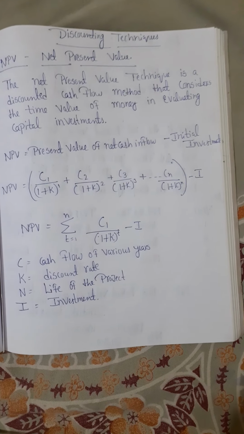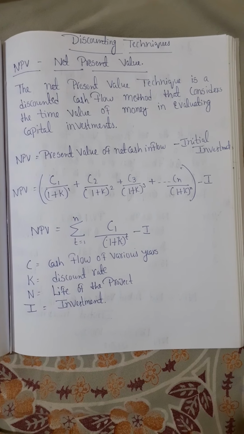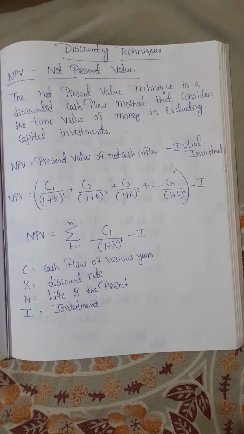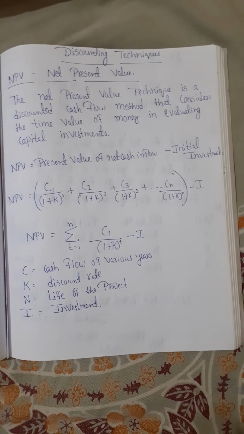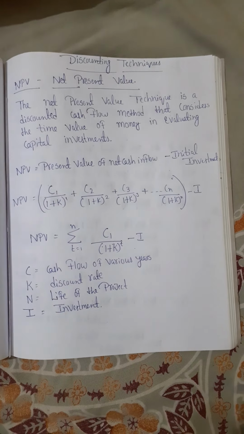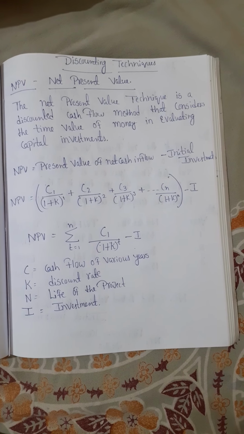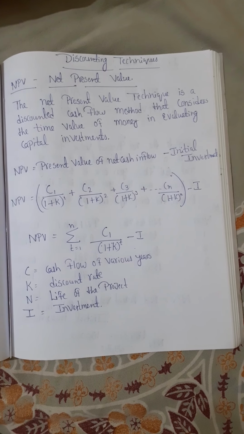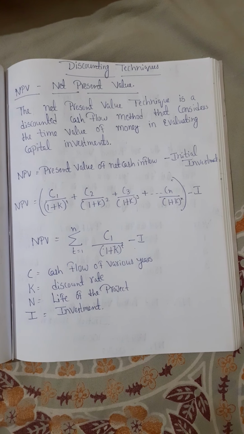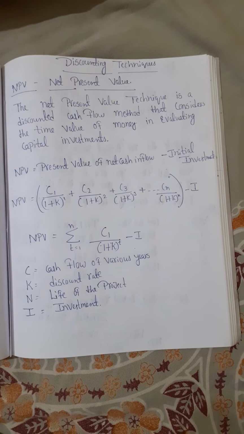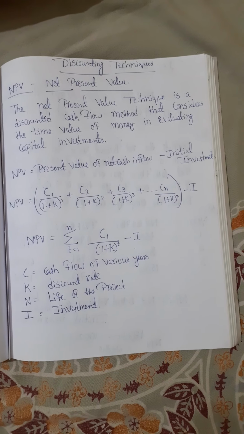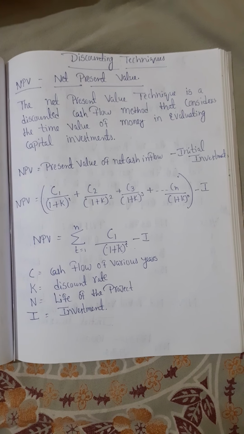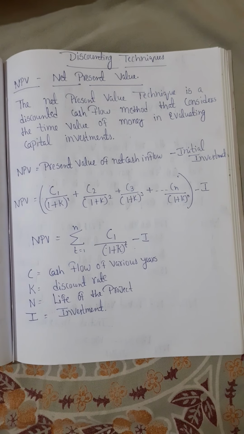So where do we use net present value? This method considers the time value of money in evaluating capital investments. Where do you make capital investments? In projects, in business, or in savings.